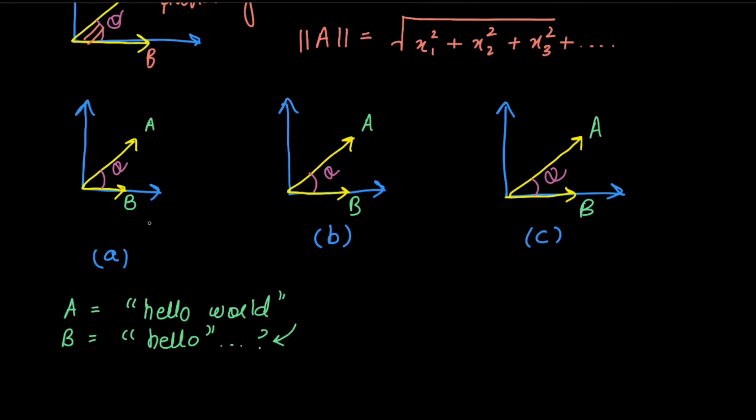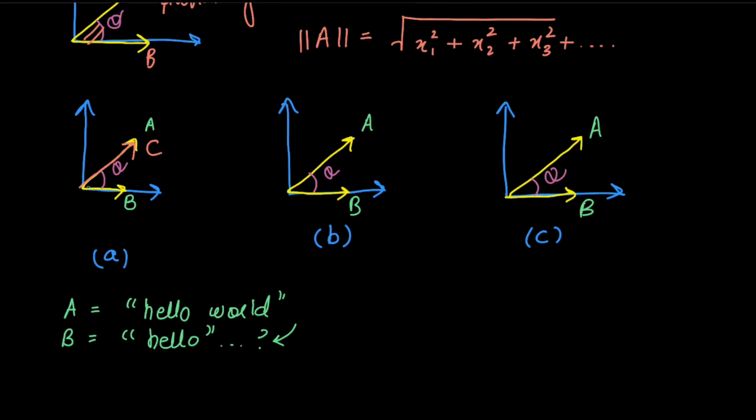In this particular case, let's say I have a vector that aligns with this vector right over here, and consider it as a vector C. I want to compute the similarity between vector C and A. How would we do that?